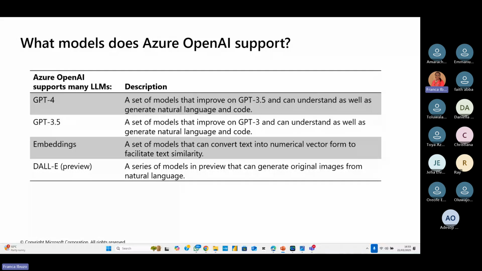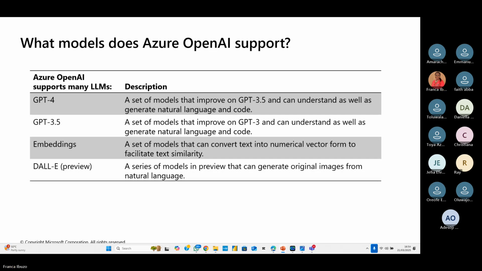What models does Azure OpenAI support? Azure OpenAI supports many LLMs. GPT-4 is a set of models that improve on GPT-3.5 and can understand as well as generate natural language and code.